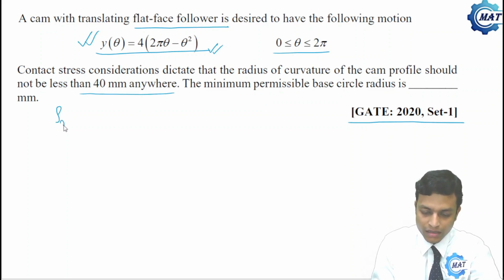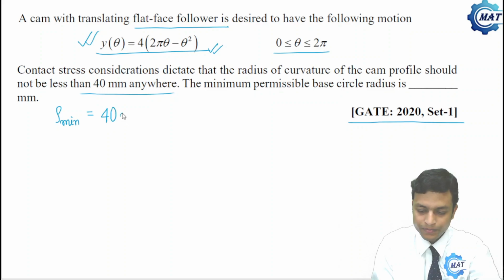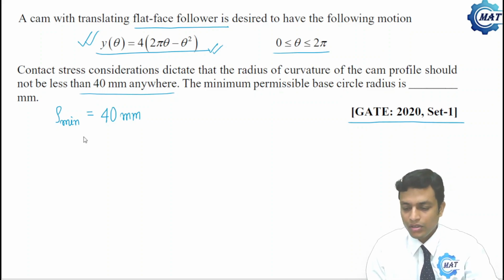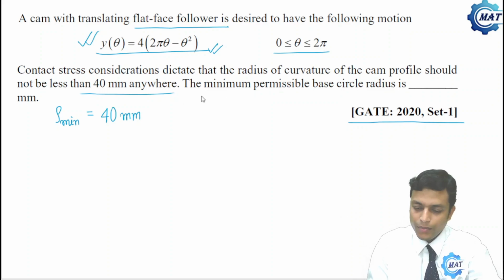That is, the minimum value of rho is 40 mm. The minimum permissible base circle radius is to be determined. That is, we have to determine what is RB min.